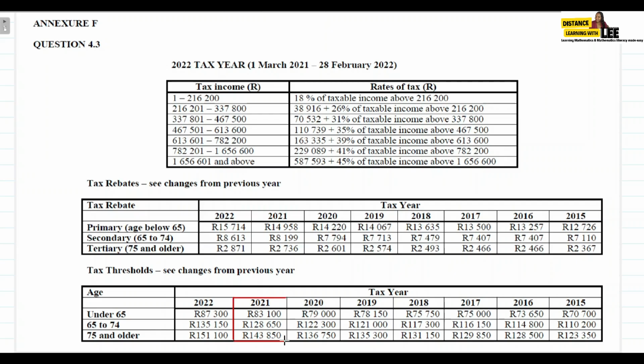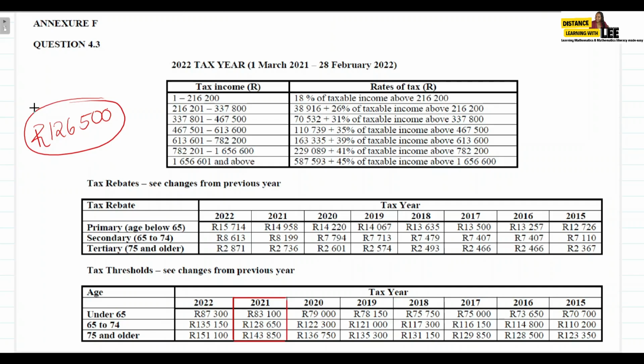So we're going to be focusing on this column there, right? We are told that Trevor earned a taxable income of 126,500. I'm going to write it here so that we do not forget the amount. So he earned a taxable income of 126,500, right? And I mentioned that if this amount is above the tax threshold, that basically means that he needs to pay tax, right?